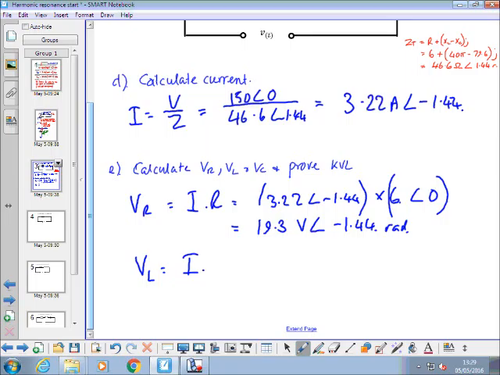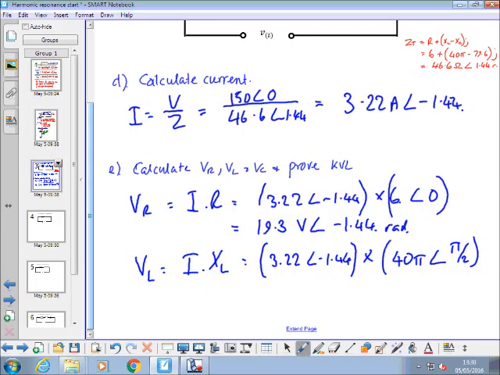For VL, I times XL. So we have 3.22 angle minus 1.44 times 40 pi, and the angle for an inductor in radians: 90 degrees in radians is pi over 2, since 180 degrees is pi.